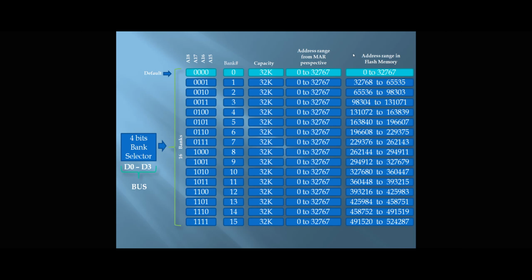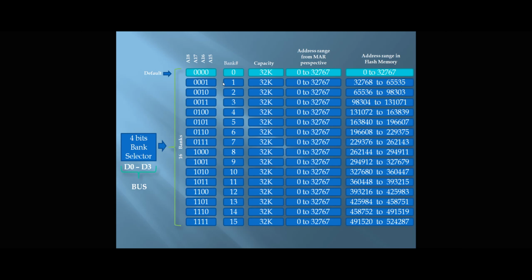However, from the flash memory's perspective, since this bit is high, it's a different memory space from 32,768 all the way up to 65,535, right? So essentially, we are pointing to a different section of our flash memory just by changing this bit on the A15 line.